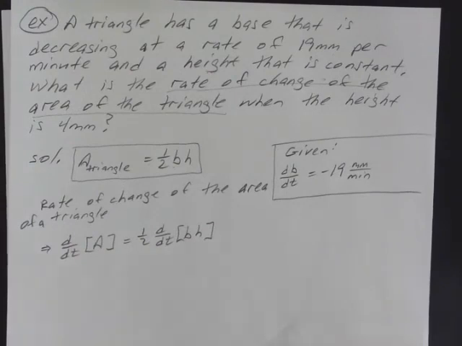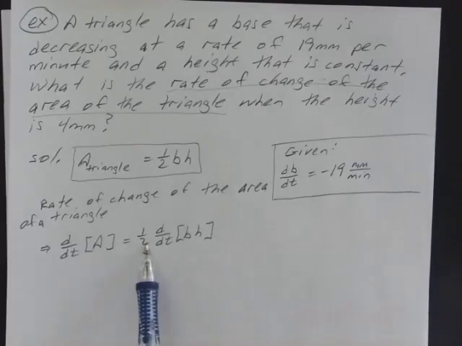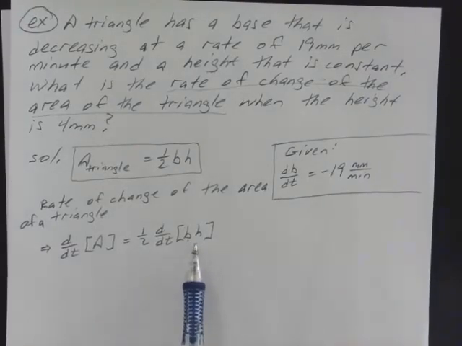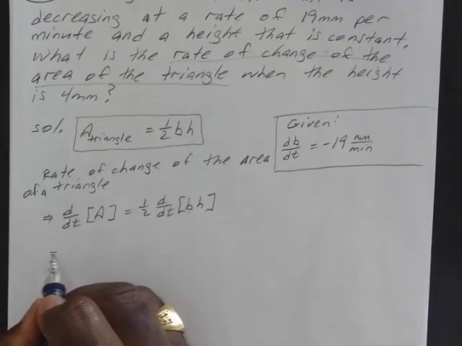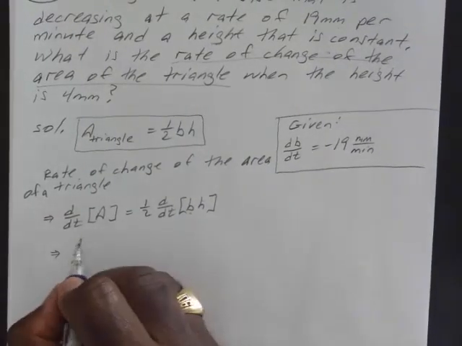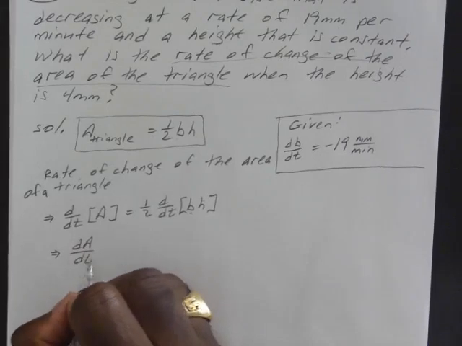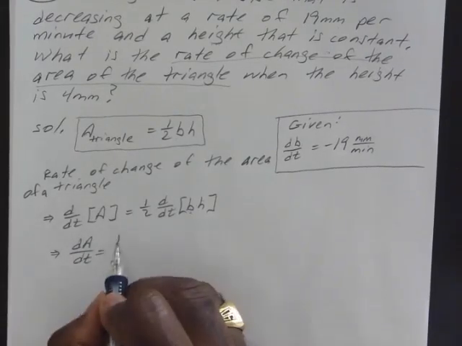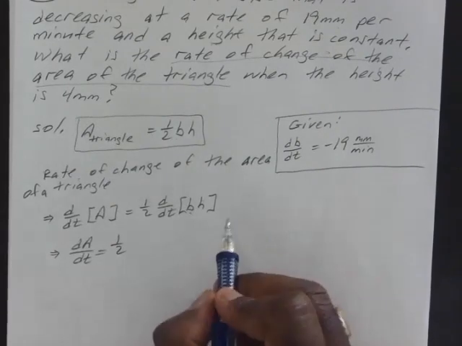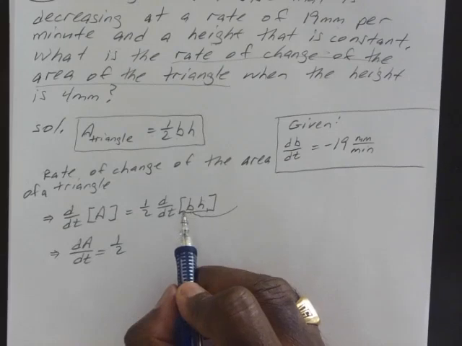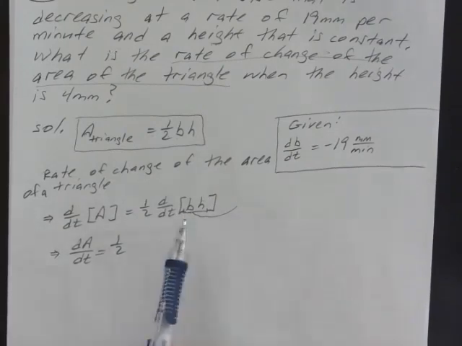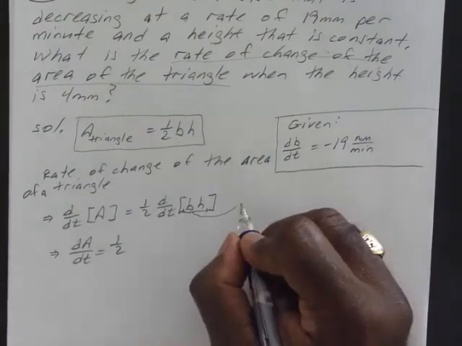Okay. Now, since h is constant, we could just factor it out. But again, let's just pretend that you forgot that it's constant. You go all the way through. So the rate of change of the area with respect to time is equal to 1/2. But we see here we have the product of two variables, so we have to use the product rule.